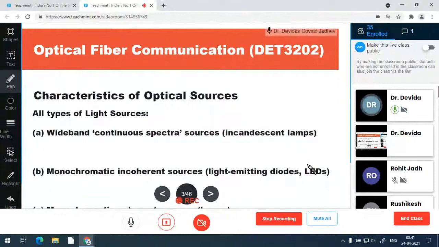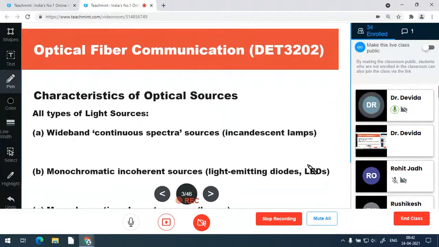White light is a spectrum, a collection of all the wavelengths. But LED and laser emit only one color. That means only one wavelength, a single wavelength. So this is also one more big difference.